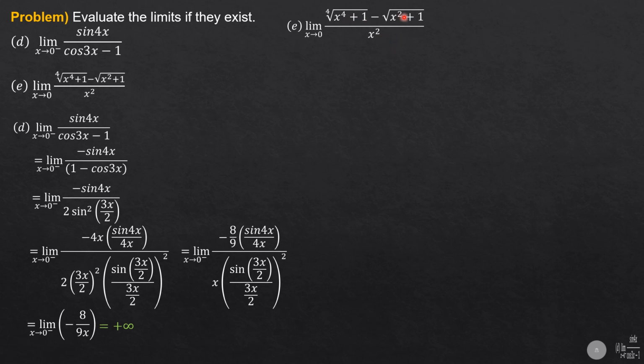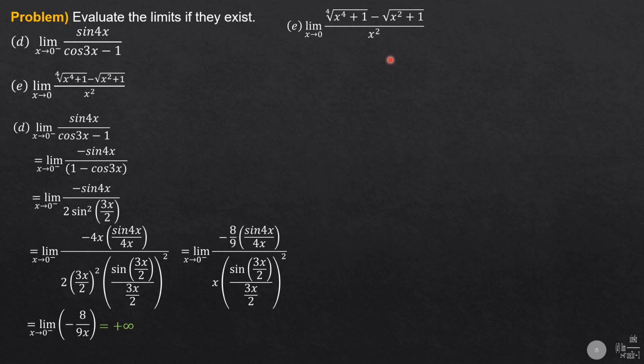You differentiate independently the numerator and the denominator until such time that it will not be of the form 0 over 0. Like in this case here, we have 0 over 0. So the technique here is we have to do something to make it so we can evaluate this.